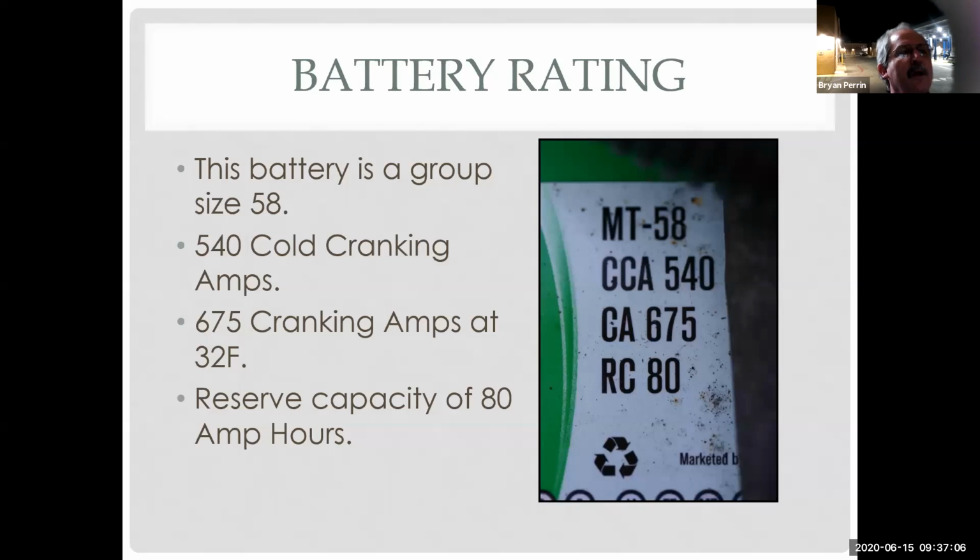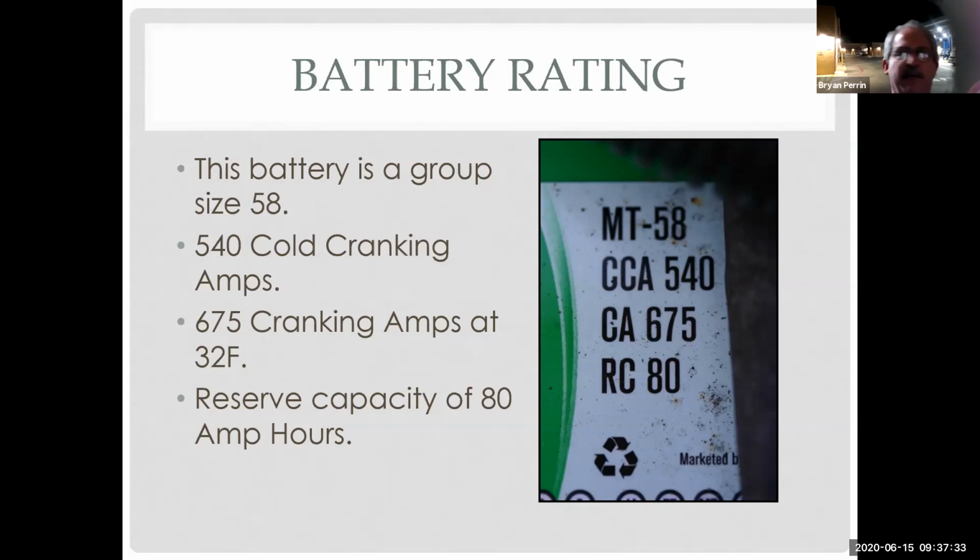And they no longer sold things at list. What they did is they sold things at a discounted price, 30% off list, for example, or 20% off list. So a better deal than people were getting at Napa or these other stores that were really geared towards the industry. Well, one of the things that happened is they also came out with this new cranking amp rating, because customers were just looking for the number.